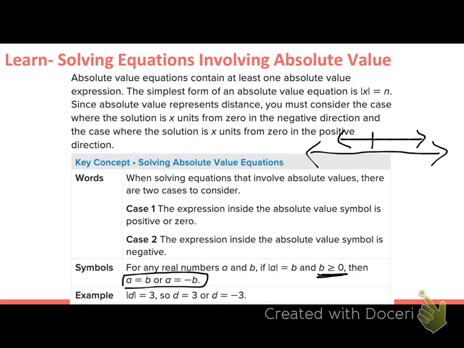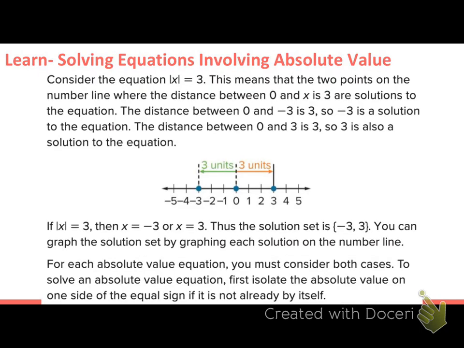So I've got 2 answers there. 2 numbers are satisfying my equation, right? Negative 3 is a distance of 3 units from 0. Positive 3 is also a distance of 3 units from 0. So I got 2 solutions there. Does that make sense? Yes, sir. I'm accounting for the positive direction as well as the negative direction. We good with that? Yes, sir. Any questions? Okay.